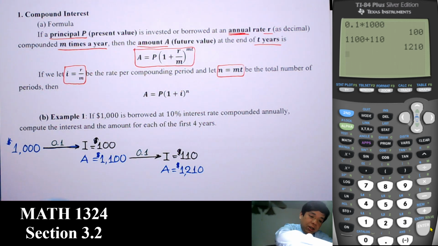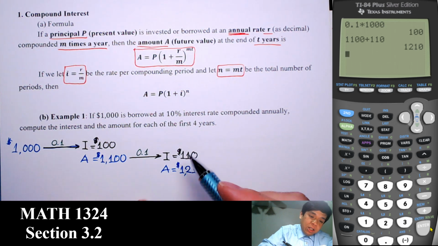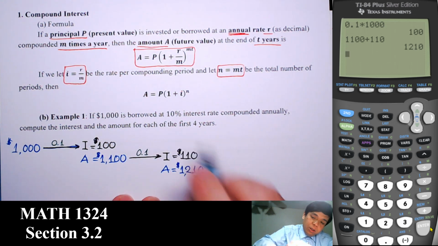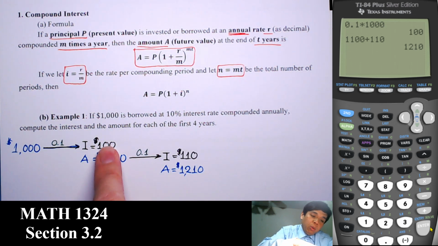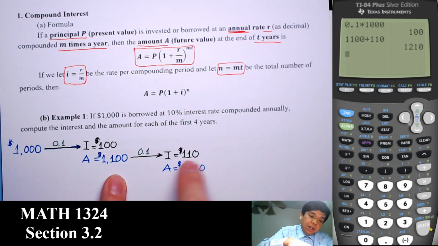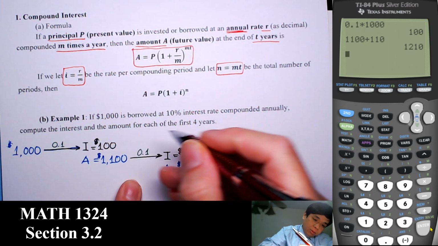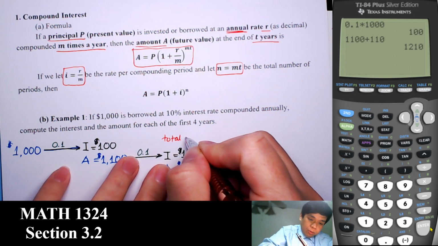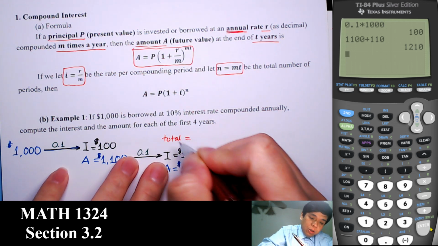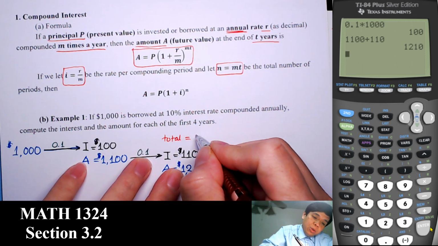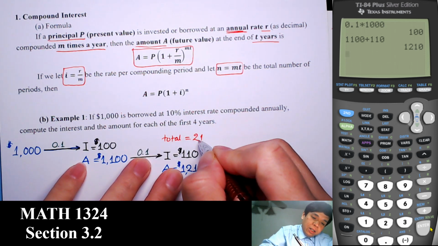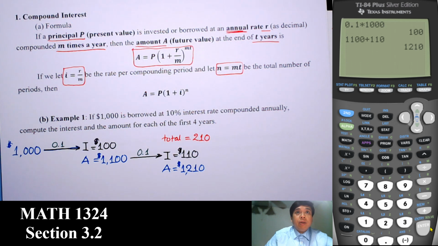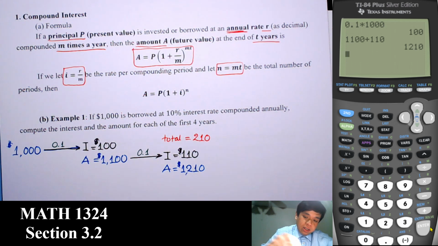But after that, for the interest of year 1 and year 2, the total interest will be 100 for the first year and 110 for the second. This together shows the total interest, 210 after the first year and the second year.